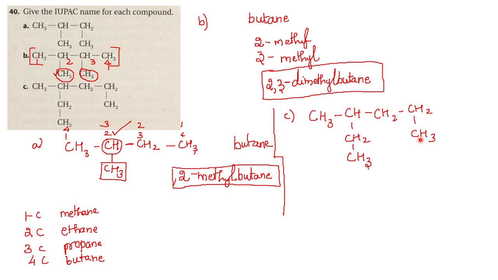Now just look at it another way. See if you can find a still bigger chain with 6 carbon atoms. Just think in a slightly different way. I say that it is 6 carbon atoms long.